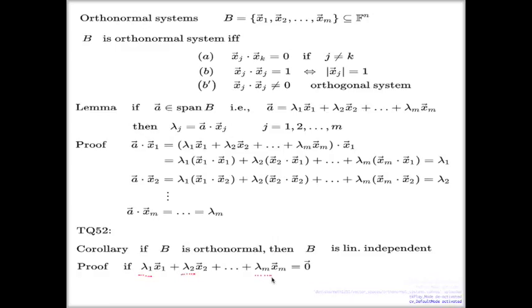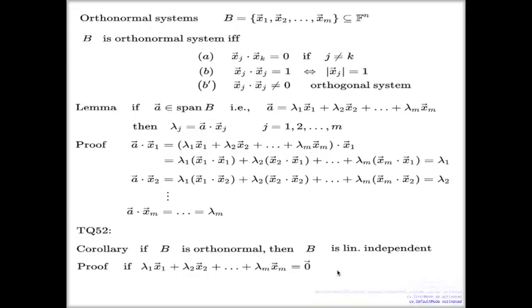Like I said, normally you need to solve a system to find these coefficients, but for the orthonormal system, here's the solution straight away. So if I treat this 0 as this A vector, I can discover each of these coefficients by using this identity and using 0 in place of this A vector. That's why I call it a corollary. That's why it is straightforward.